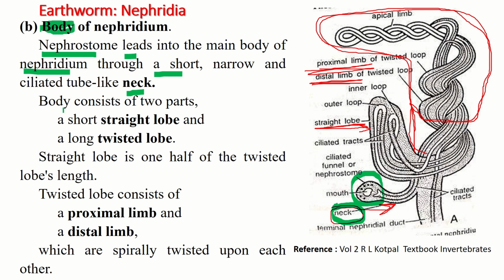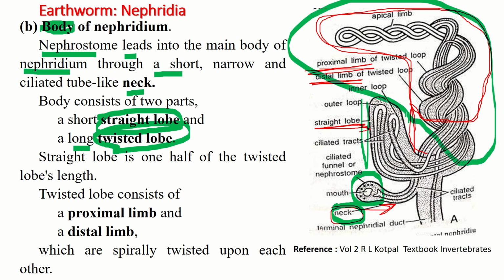This body consists of two parts: a short part called the straight lobe, and a second, longer part called the twisted lobe. The straight lobe is one half of the twisted lobe's length. The twisted lobe consists of a proximal limb and a distal limb, which are spirally twisted upon each other.